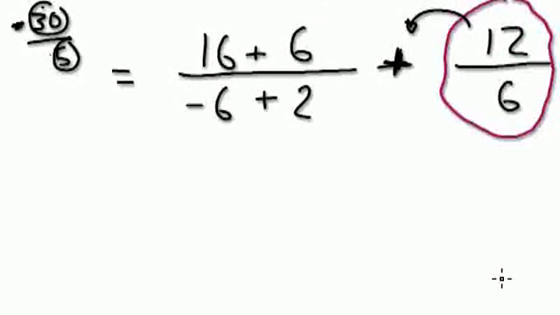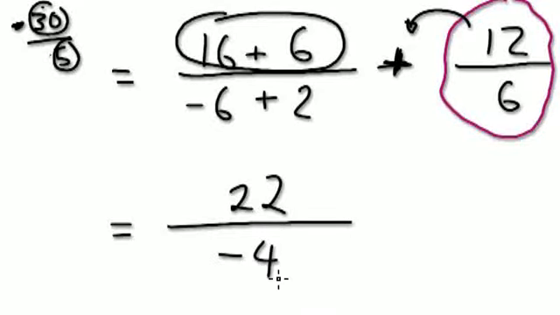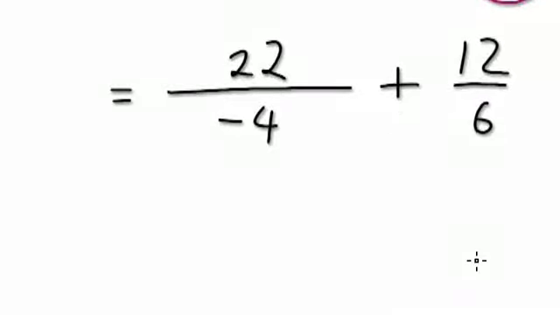Okay, so let's continue with this. So merge these two together, so that would be 22. Minus 6 plus 2 would be minus 4. Okay, so plus 12 over 6. Let's tidy this.